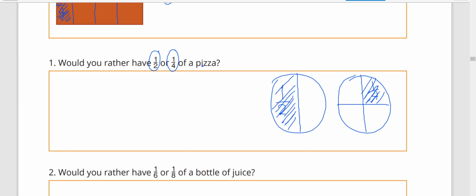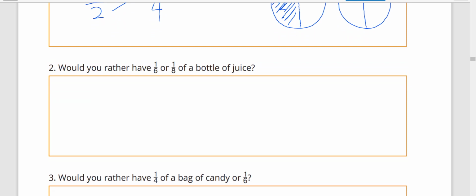Why? Because half is more than a fourth. So would you rather have half or fourth? You will eat half. Why? Because half is more than a fourth.